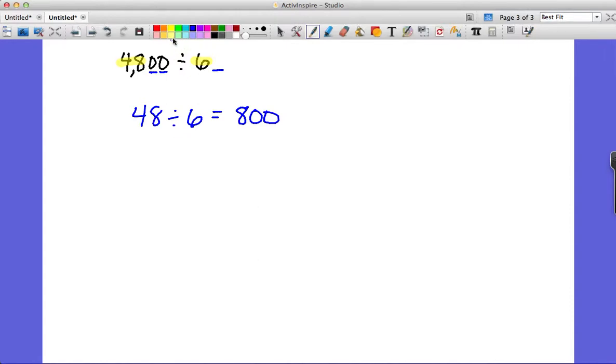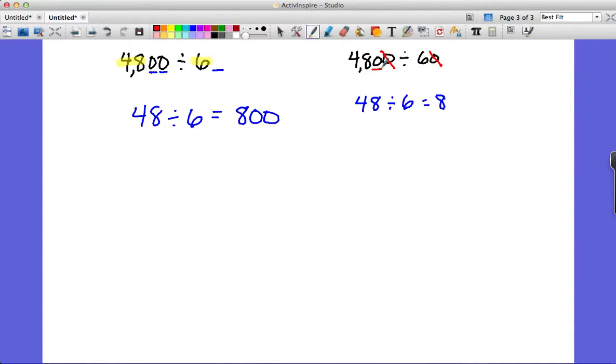Let's look at a different way. So what if I had that same number, so 48, and we make it 4,800 divided by 60. First, I'm going to just ignore my zeros and know that I can do 48 divided by 6. And I know that that gives me 8. Well, then I can look here and say, well, here's 1 0, so I can cancel out this 0.